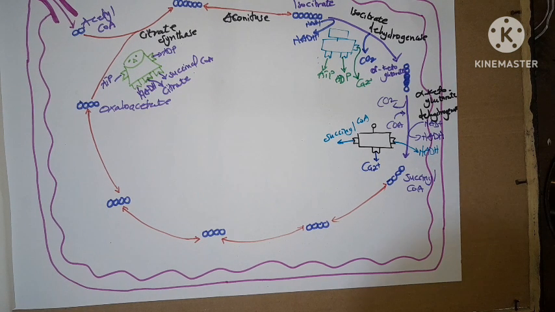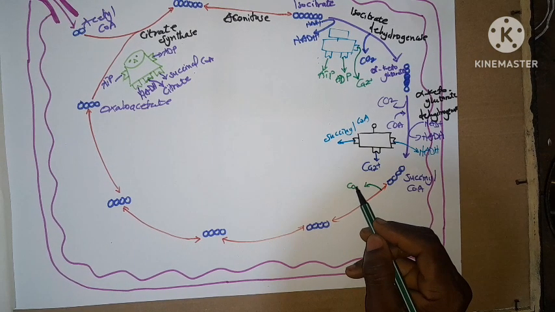Now, what happens next is that after we form this succinyl-CoA molecule, the CoA is going to be removed. So let me do that here. We're going to remove the CoA.